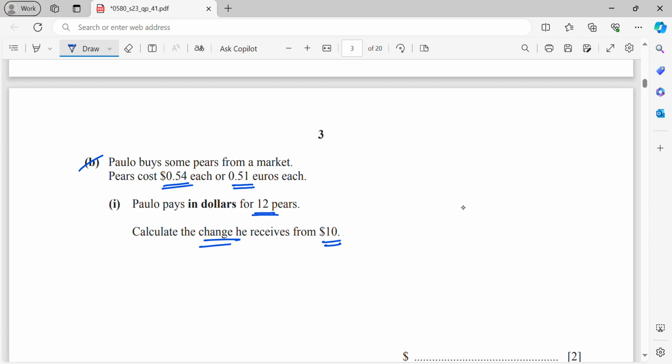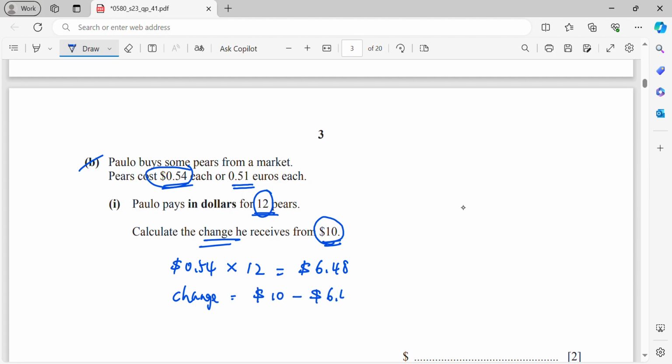Okay, so now this is dollars. Since he bought 12, that means it will be $0.54 times 12, which is $6.48. Okay, and now he paid $10. So the change will be $10 minus 6.48.